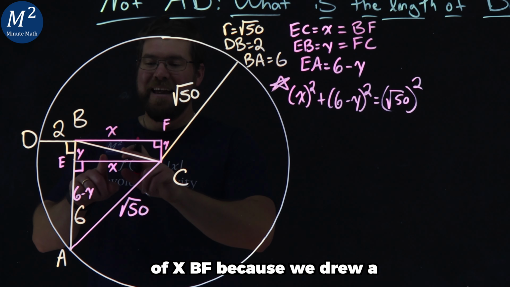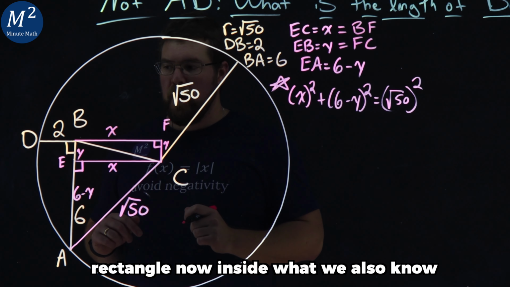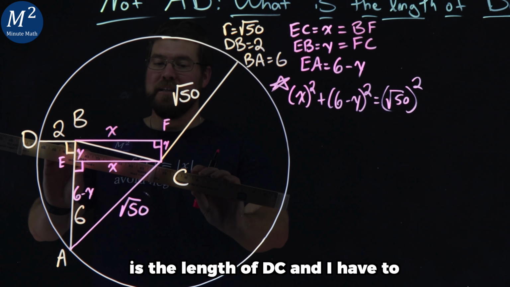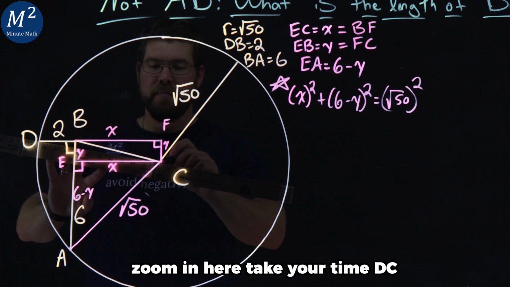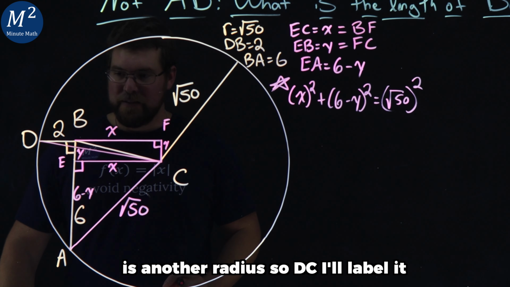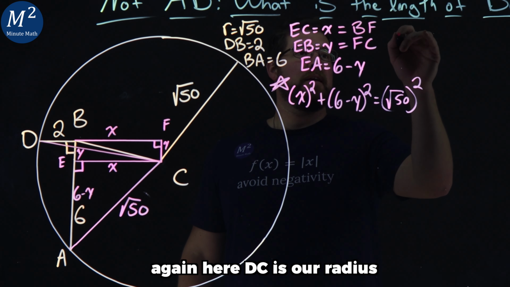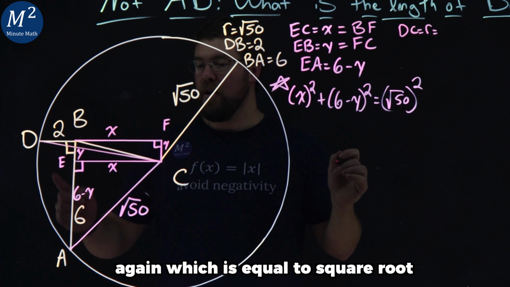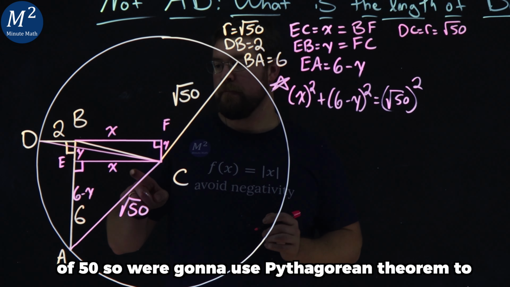Because we drew a rectangle now inside, what we also know is the length of DC. Kind of zoom in here, take your time. DC is another radius. So DC, I'll label it again here. DC is our radius, again, which is equal to square root of 50.